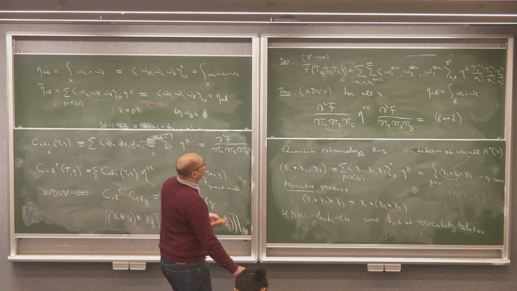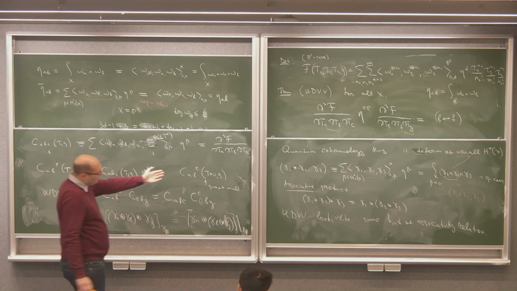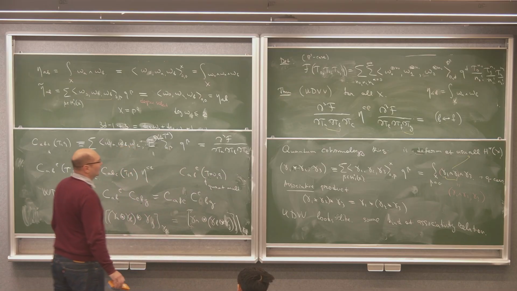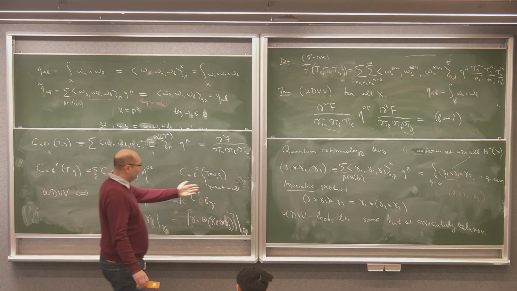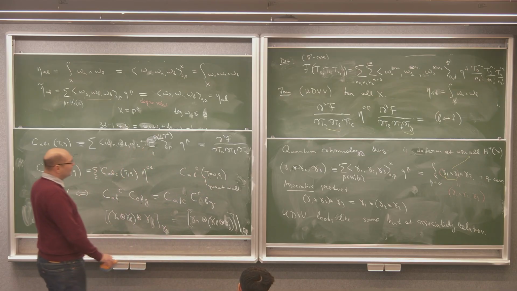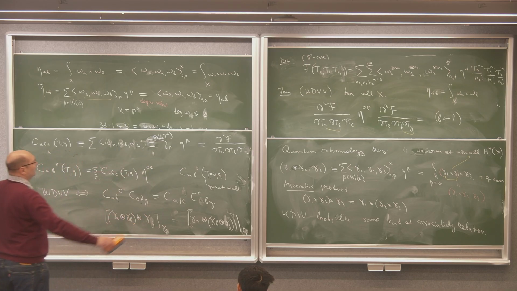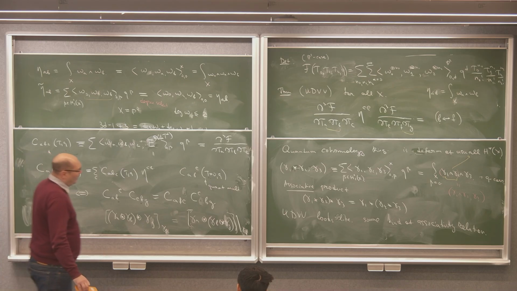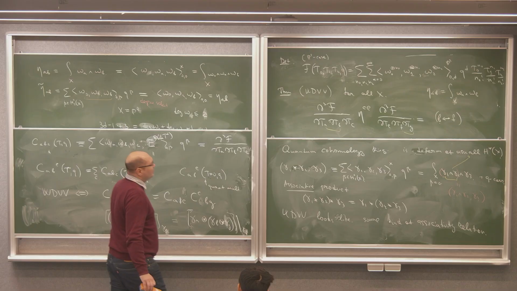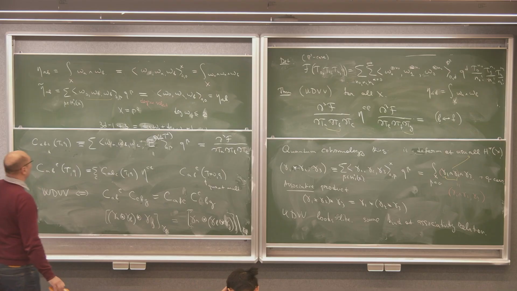So indeed it can be written as associativity for this yet another deformation of multiplication. We first deformed it by Q to get a quantum multiplication, and then we can further deform it by t using Gromov-Witten invariants with multiple point insertions, and still preserve the associativity. That is the content of the WDV relation.